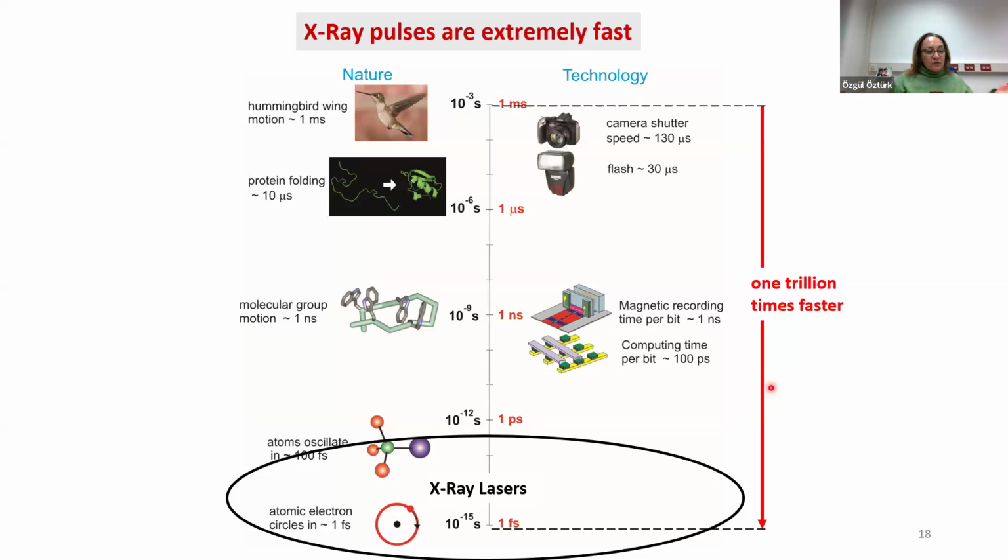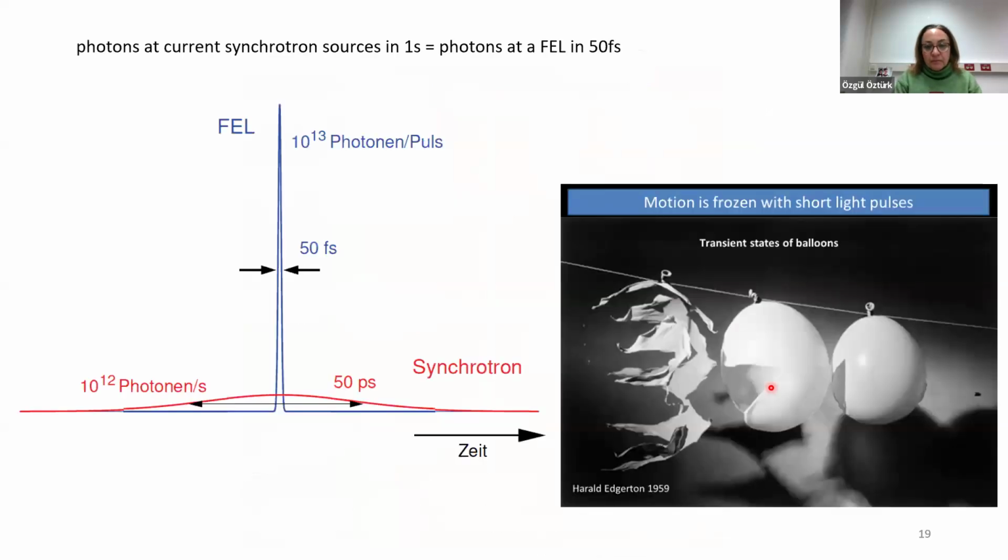So this allows us to make true movies of structural dynamics and phase transitions, chemical reactions, non-equilibrium processes, as they are actually happening in these time frames. So therefore, I can say femtosecond X-ray pulses give us access to a regime where the structure, motion, and function are directly connected in time.